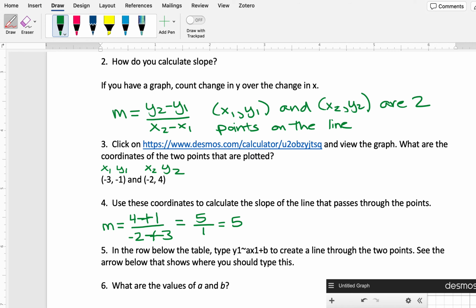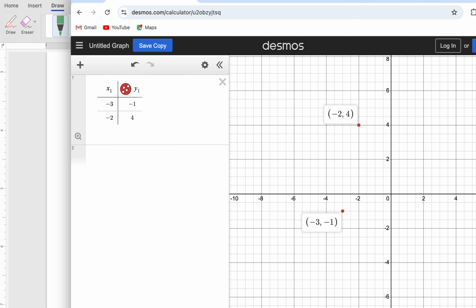Now if I look at my graphing calculator here, I can see that if I think about these 2 points, I'm going to count up 5, 1, 2, 3, 4, 5, and over 1, to get the next point that's on the line. And then if I count up 5, 1, 2, 3, 4, 5, and over 1, I land on the point that I have marked. So it is in fact true that the slope of the line going through those 2 points is going to be 5.